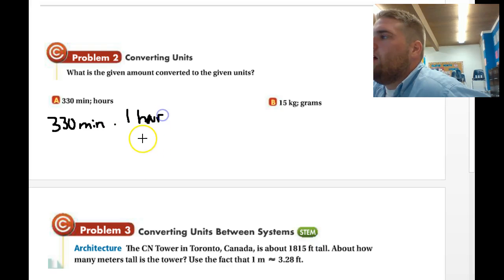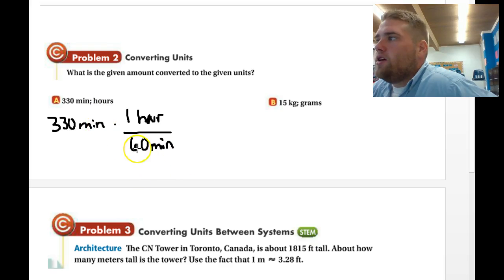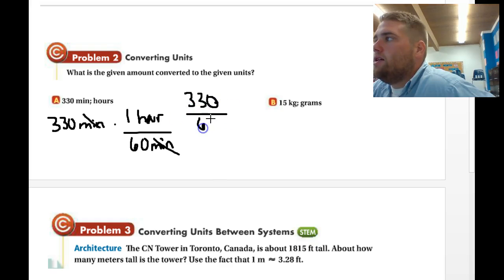And then guys, how many minutes are in an hour? 60. So I've got minutes on top and minutes on bottom, so my minutes cancel. And so basically what I'm doing is I'm taking 330 divided by 60, to find out how many hours are in 330 minutes.